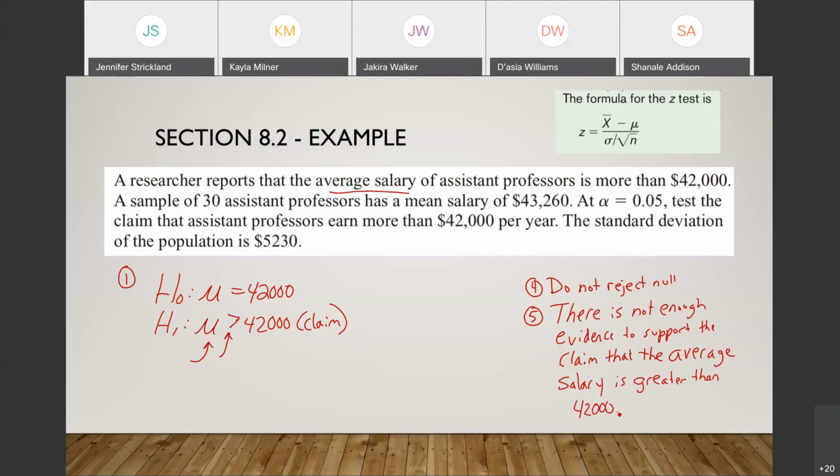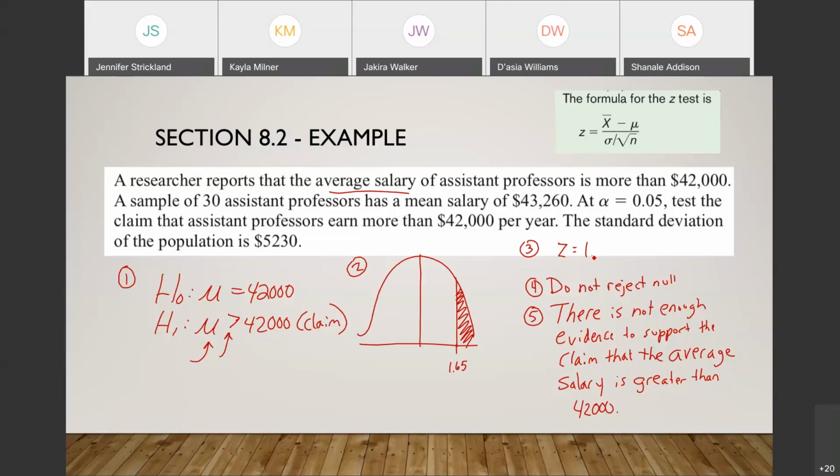I got a question. Yes. Can you go back up? Do we know to reject, not reject the null? Yeah. Okay, so our picture, we had a critical value of 1.65. And when we calculated our test value, what did we get? 1.32.